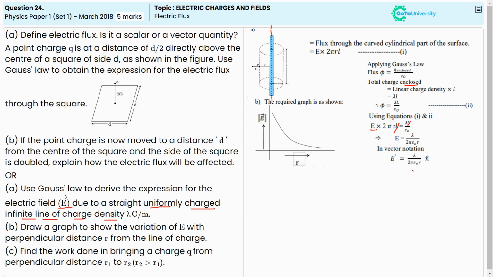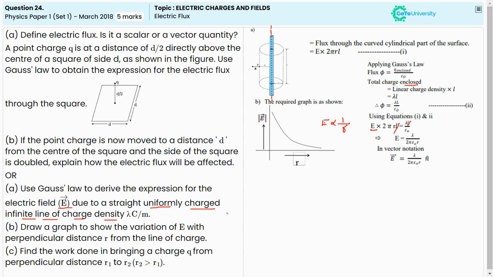Now from the previous expression, E is equal to lambda divided by 2 pi epsilon naught R. That means E is inversely proportional to R. That indicates when the R value increases, the E value will decrease. This is the graph, the variation in the graph.